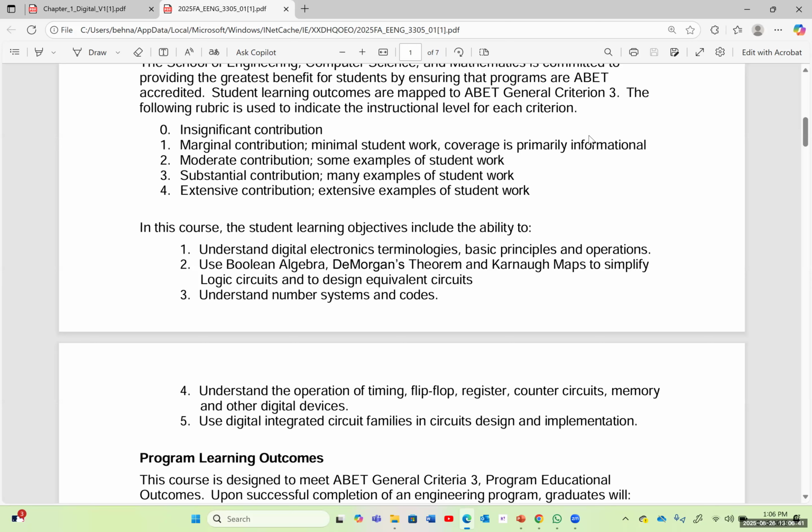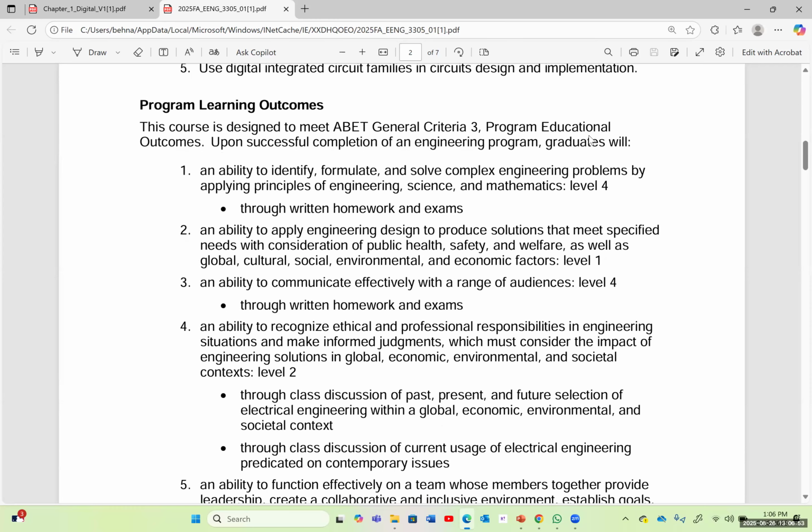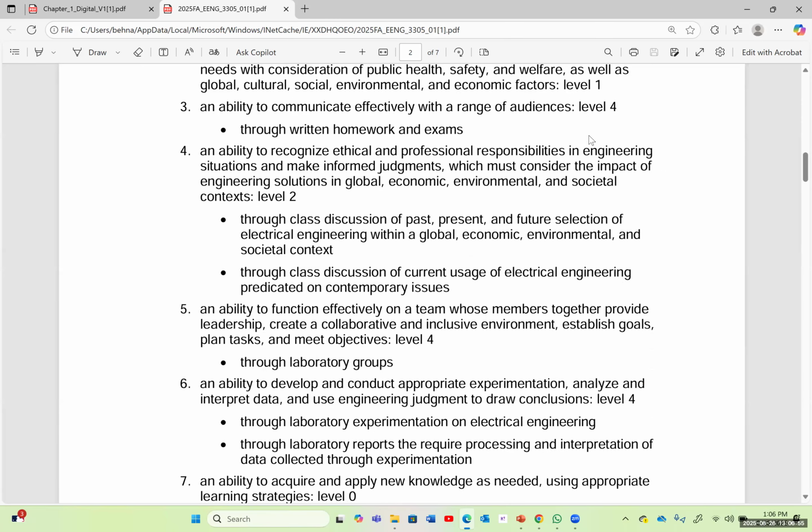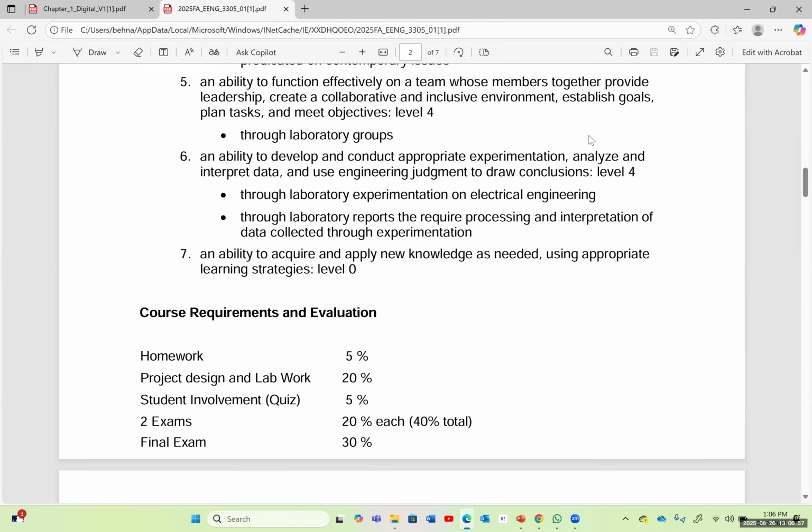How do we address these memories, the bus system, multiplexers, decoders, encoders, so internal components of a computer, the hardware part of a computer. And you already know about the ABET, so these are the ABET learning outcomes.